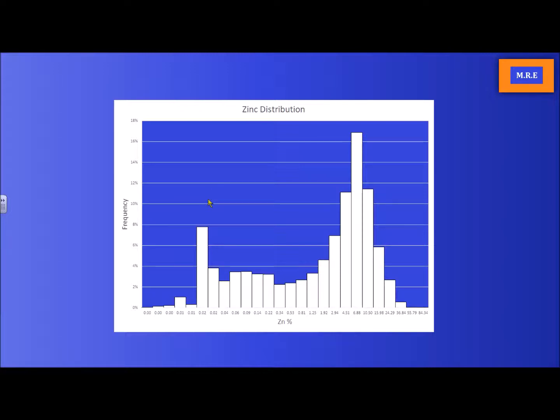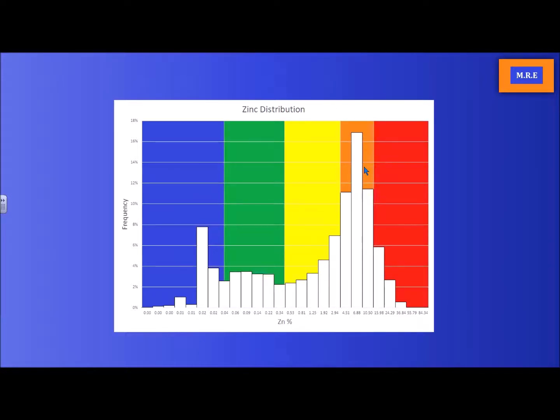And what I want to do is take this distribution and break it up into meaningful sections and then have a color represent each section, which I've done here. So I see three distinct populations, and I want a blue color representing this really low grade population.